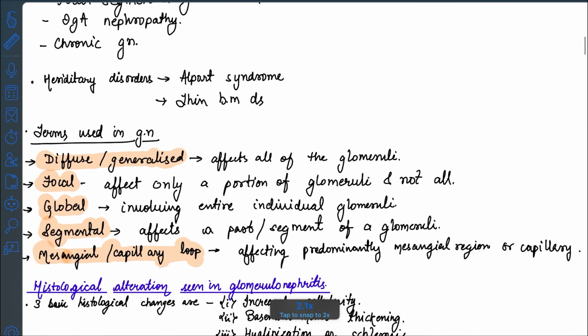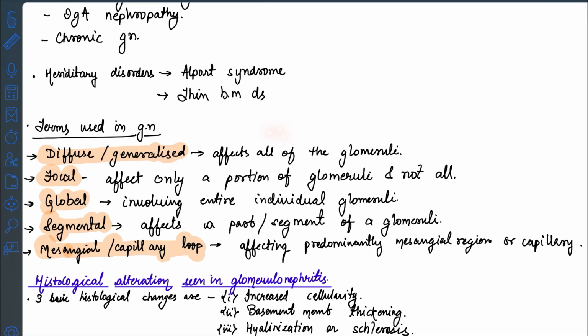Now, there are some terms which you're going to hear again and again in this chapter. Let's know what they are. Diffuse or generalized means that all the glomeruli present in one kidney or both kidneys are affected.